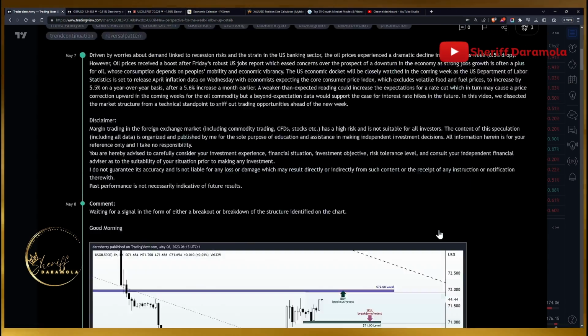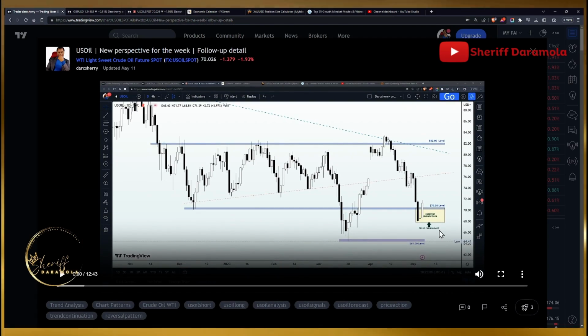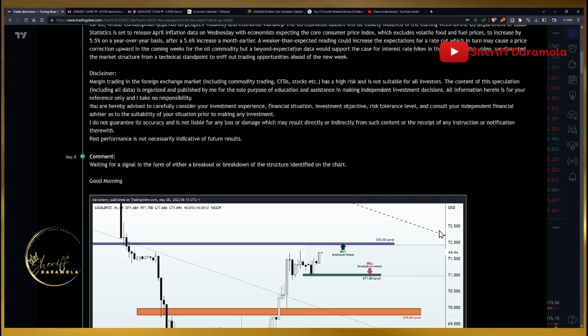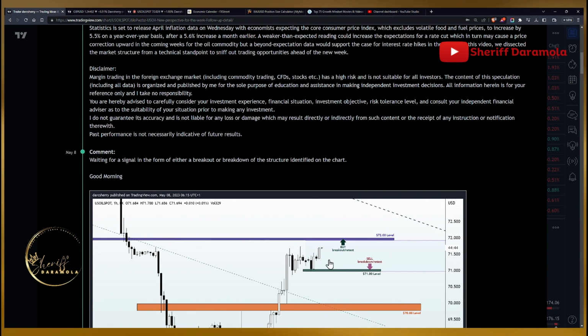So at the beginning of last week's trading session, I shared this setup here after identifying the consolidation phase. So we had a structure between the $72 area and the $71 level, where we were looking out for a breakout of the structure for a trading opportunity.